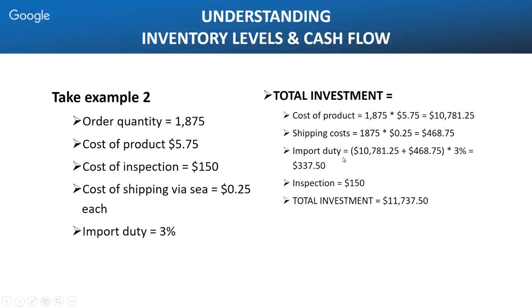Duty, now, the duty is paid on the cost of goods plus the cost of shipping, unfortunately. So there you go. So a total of 3%. And again, this is an assumption. Like I said, it will vary depending on what product you're bringing in. Is 375.5. Inspection 150. So a total, if you tally all of that up, total investment of $11,737.50.